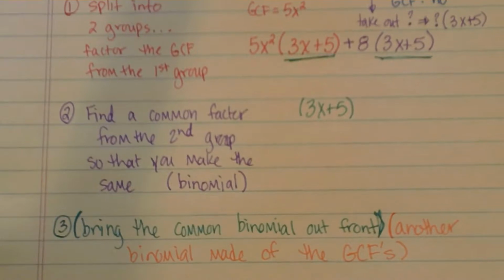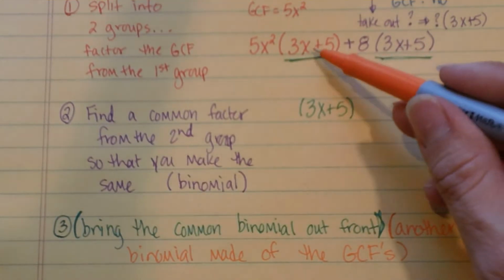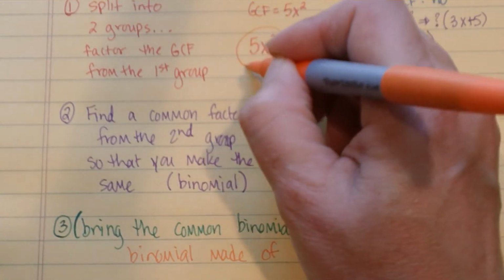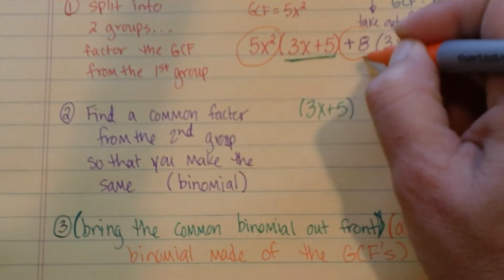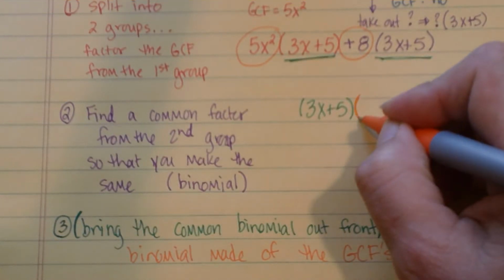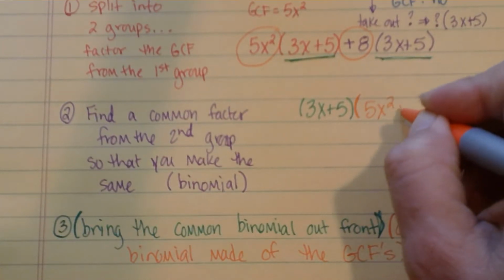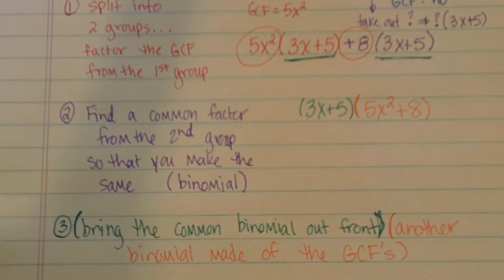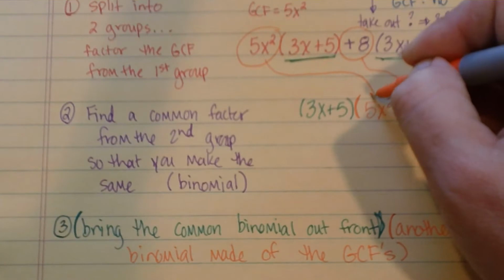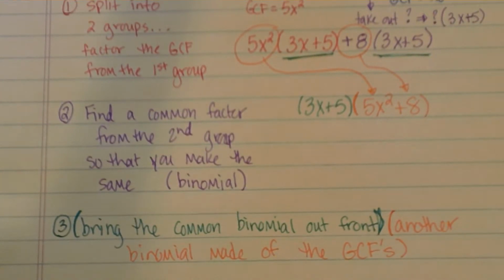So in my problem, I've got 3x plus 5, that was my common binomial, and then my 5x squared plus 8 is my greatest common factors, so my second parenthesis will be 5x squared plus 8. So everything that was left in front of my parentheses goes in my second parenthesis.